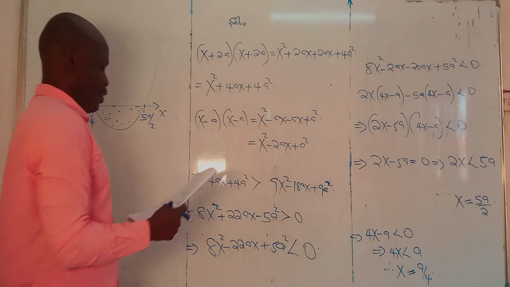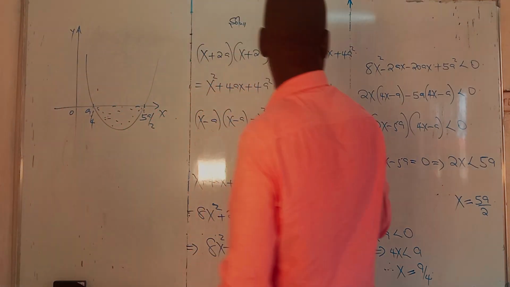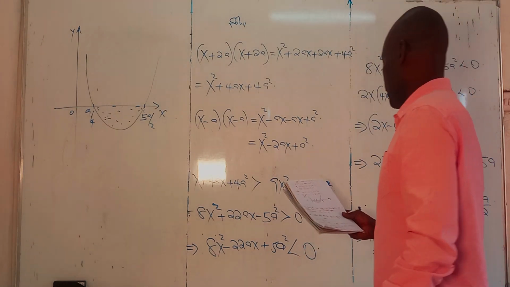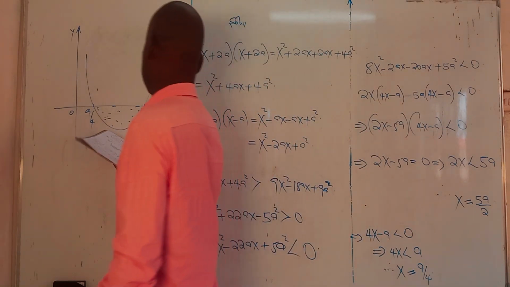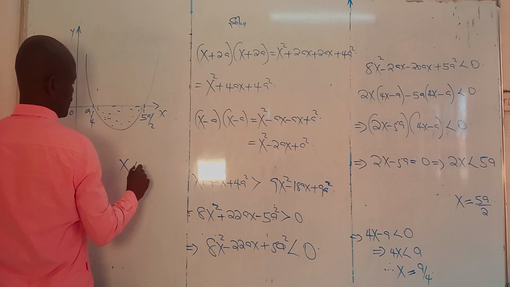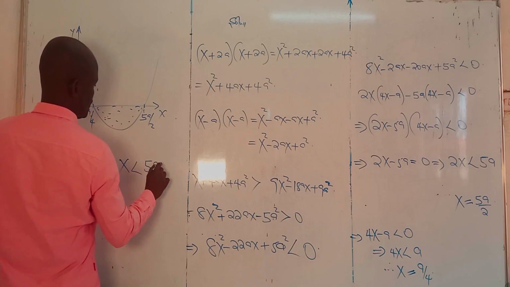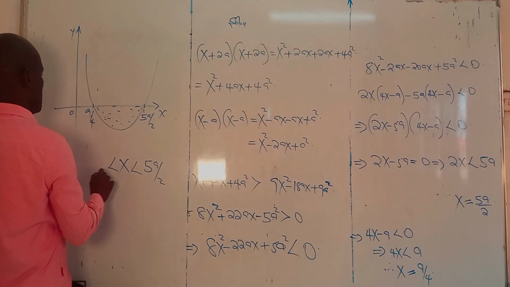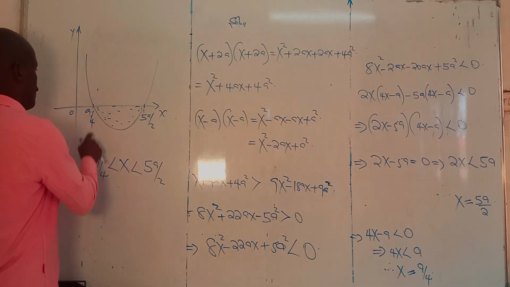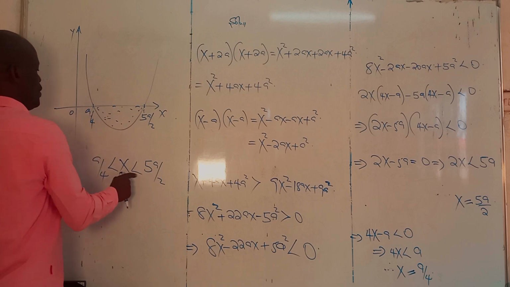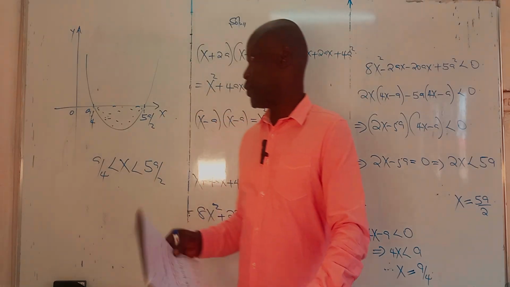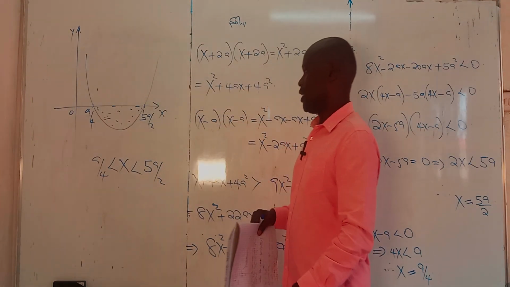Because the whole function is less than 0, the portion below the x-axis is what we consider. And if that is the case, then we have these as the boundaries: x is greater than a over 4 or less than 5a over 2. And that is the answer to that particular inequality.